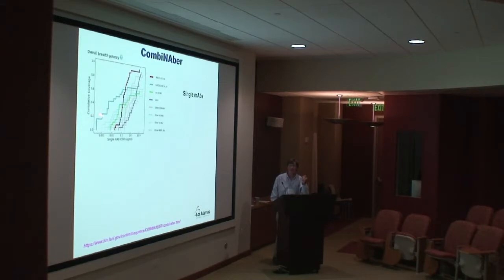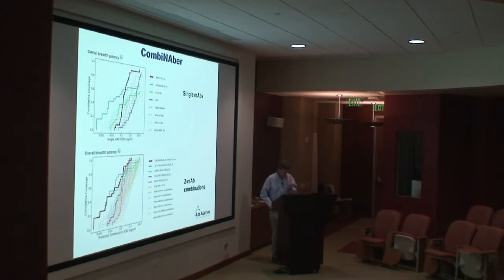For example, this guy starts off strong. It binds some fraction of the viruses very tightly and neutralizes very well, but it tops out. It misses quite a large fraction of the tested viruses.